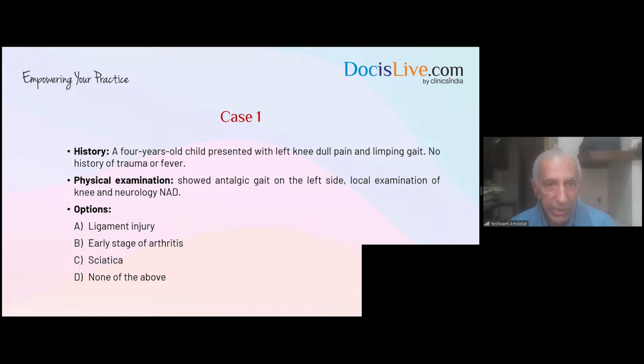Make a note. He has obviously an antalgic gait, suggesting he has a left lower limb painful lesion somewhere. He's complaining of a knee pain, but on examination, everything is normal.